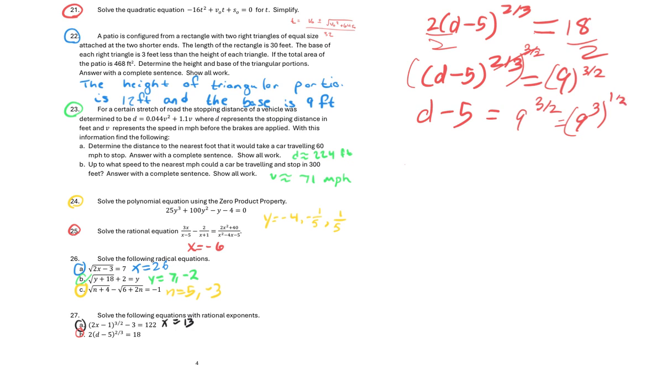If we do that calculation real quick, 9 to the power of 3 is going to give us 729, and that to the power of 1/2 is going to give us 27. So we're going to have d minus 5 is equal to 27. Now to solve for d, we're going to add 5 on both sides. 27 plus 5 is going to leave us with 32.